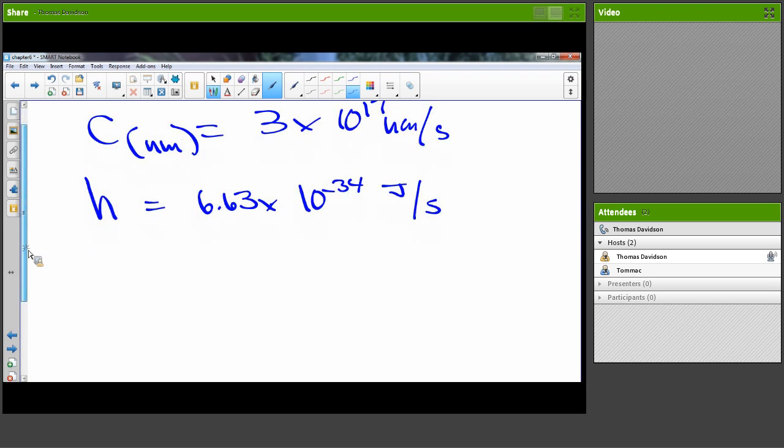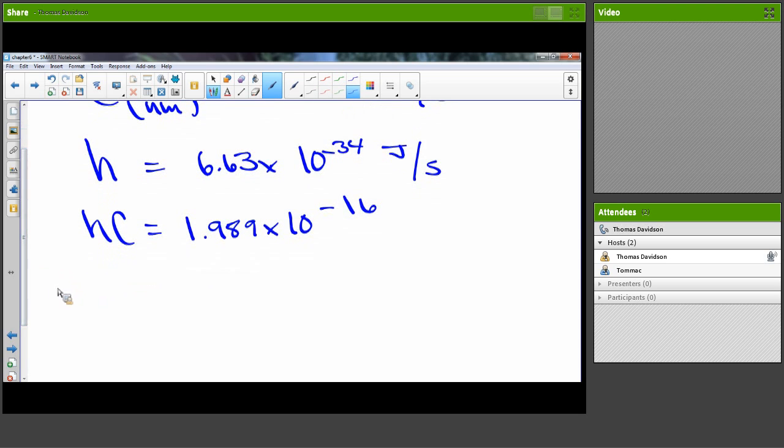Then we had, if you want, I would put this in your calculator because you actually use hc together quite a bit. And you can just put both, but it doesn't matter. This was 1.989 times 10 to the something. Does anyone remember that? 16th? Negative? And then there was Rydberg's constant.